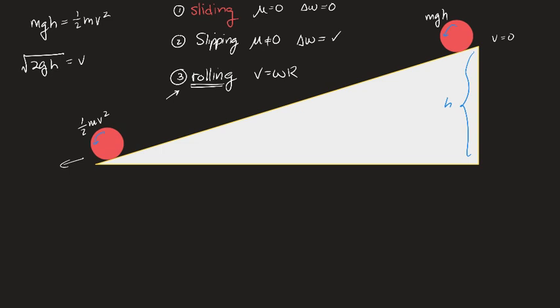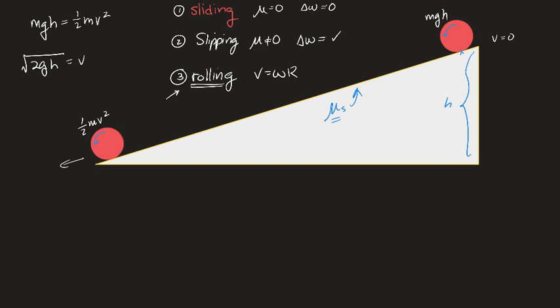We're going to focus for a while on problems where rolling is occurring, where an object rolls down a ramp. In all of those problems, be paying attention. There must be a coefficient of static friction sufficient to allow rolling. It has to be static friction because the point in contact with the surface isn't sliding.